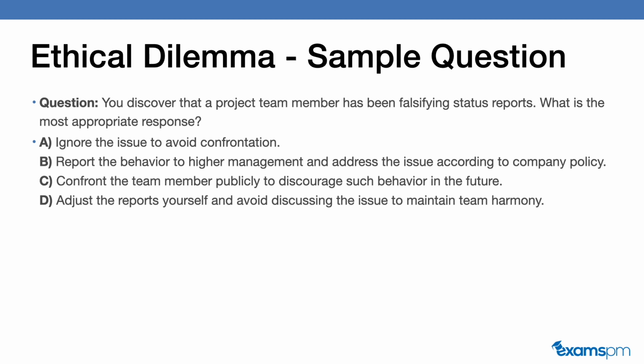B, report the behavior to higher management and address the issue according to company policy? C, confront the team member publicly to discourage such behavior in the future? Or D, adjust the reports yourself and avoid discussing the issue to maintain team harmony?